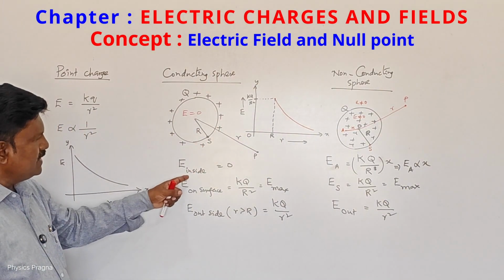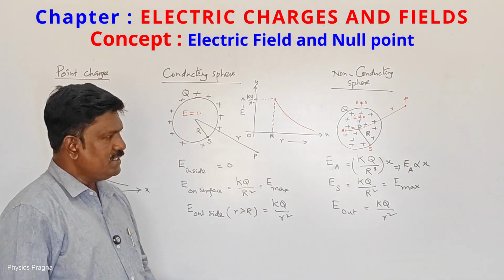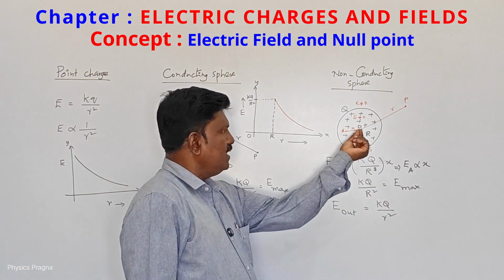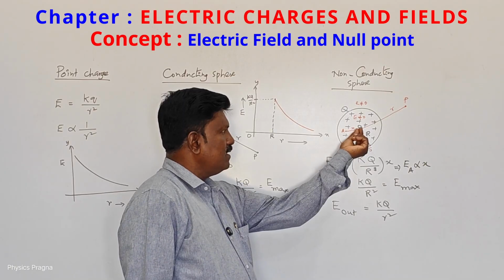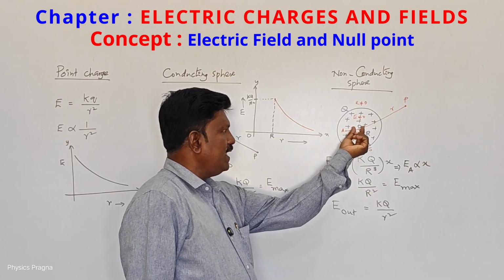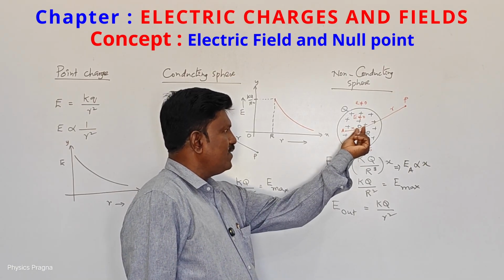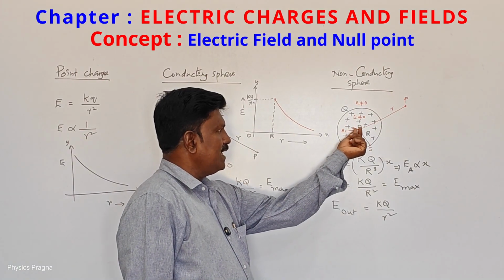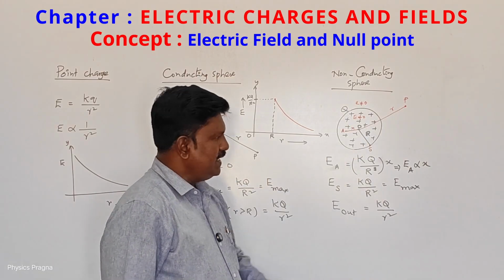So here inside is not 0. The electric field is directly proportional to x, right? See, if we go from the center of the sphere away, then what happens? The number of charges goes on increasing. The charge enclosed goes on increasing. So the electric field also goes on increasing.